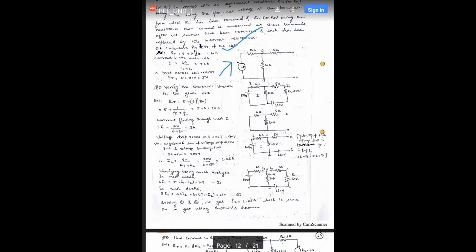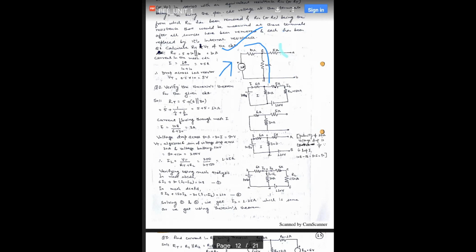So current will follow this path and it will not go here because it is open circuit. Whether this is 5 ohm or 0.5 ohm or 50 mega ohm, it is immaterial. Since the open circuit is here, current will not go there.